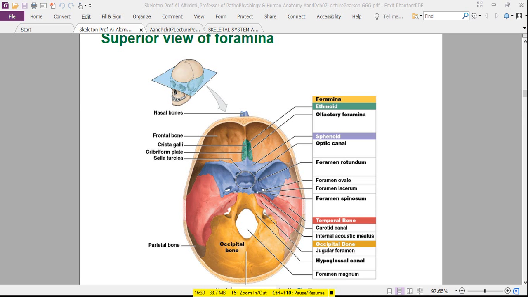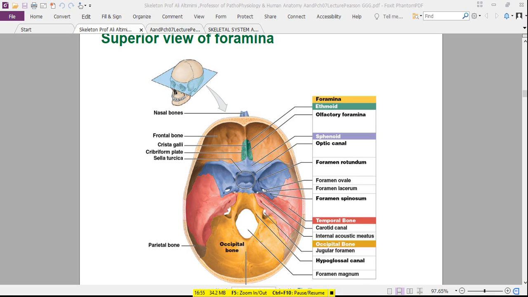We have optic canal. These are optic canal, and foramen rotundum, and this is foramen ovale, foramen lacerum, and foramen spinosum.